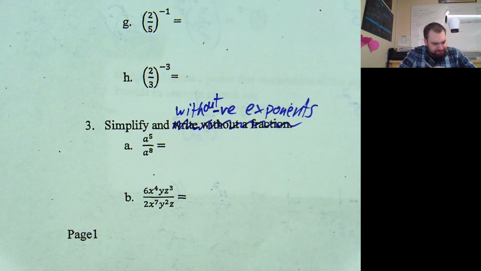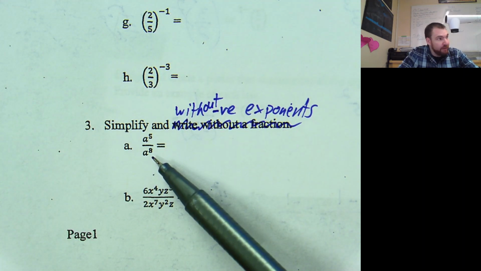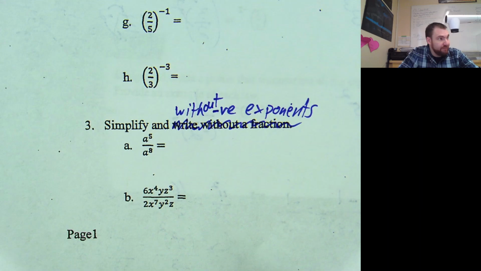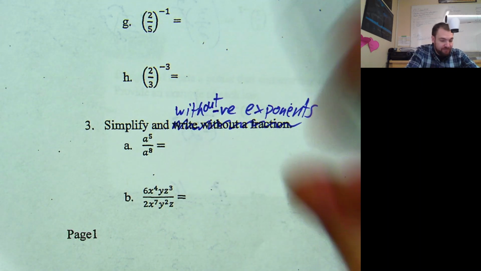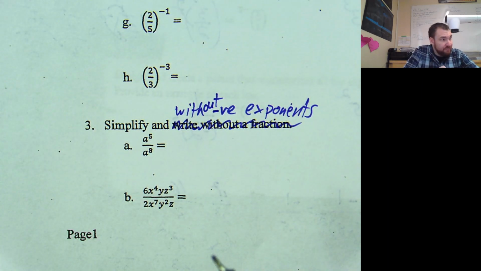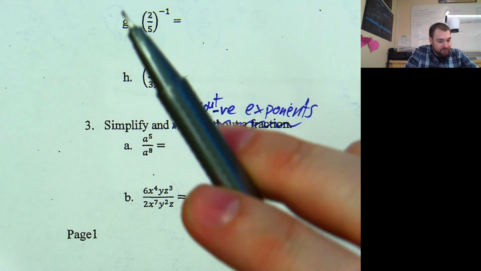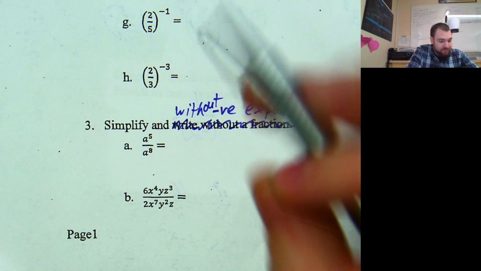Danny. I subtracted the 5 from the 8 since I couldn't subtract the 8 from the 5. It's always top minus bottom, yeah. Like the top exponent minus the bottom exponent. Yeah. So I did, since I couldn't subtract the bottom from the top, I subtracted the top from the bottom, but then I got 1 over a cubed.